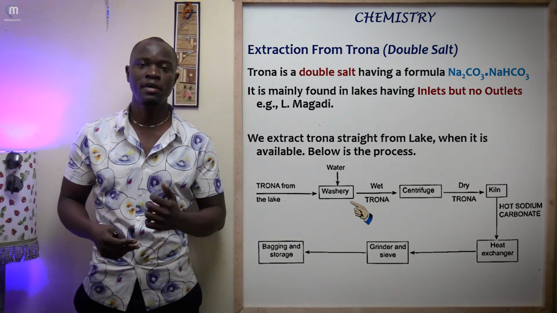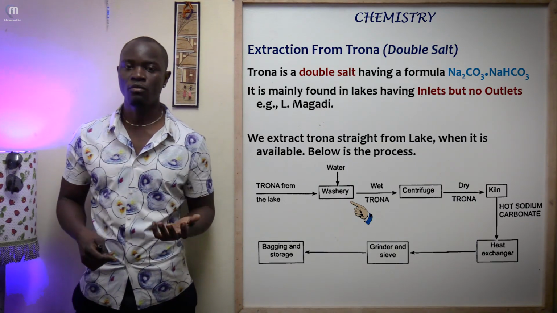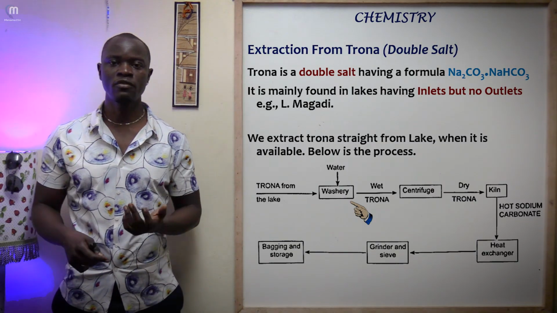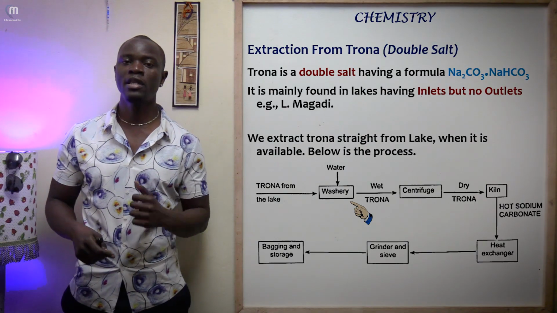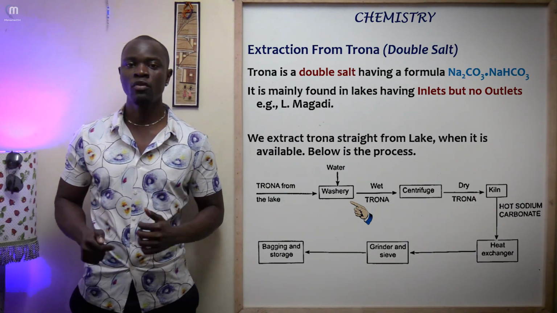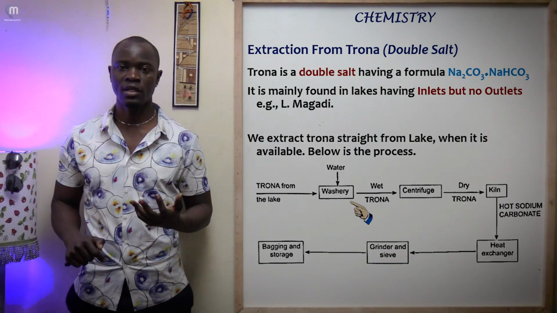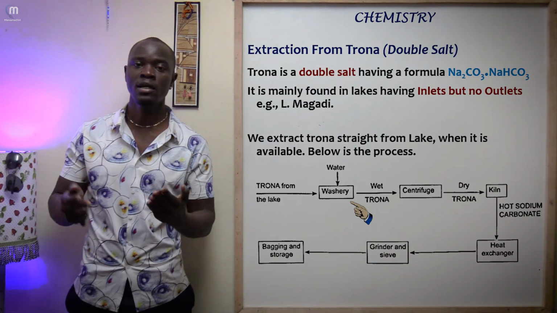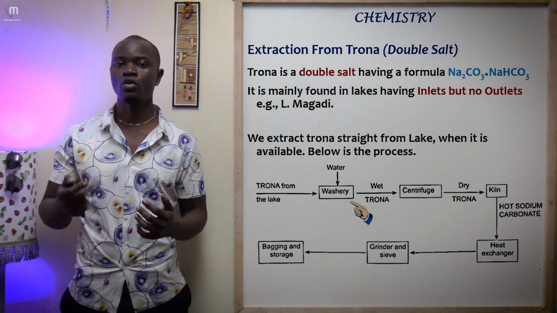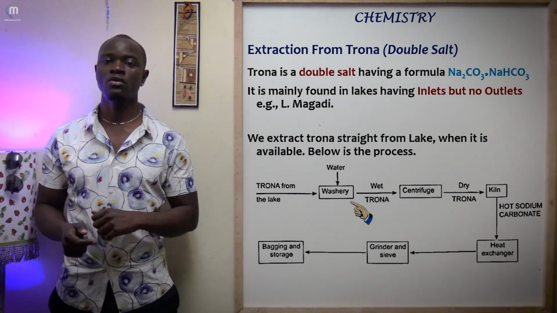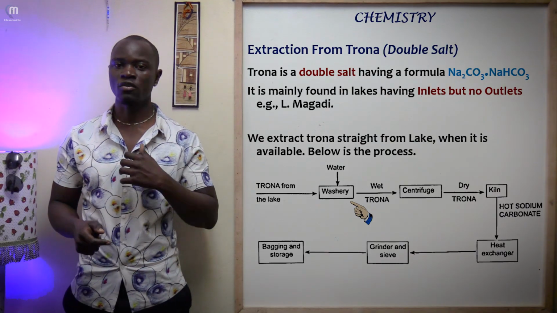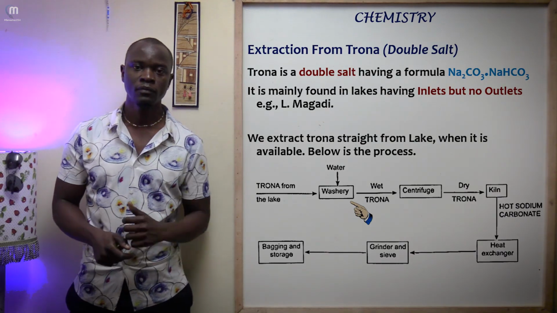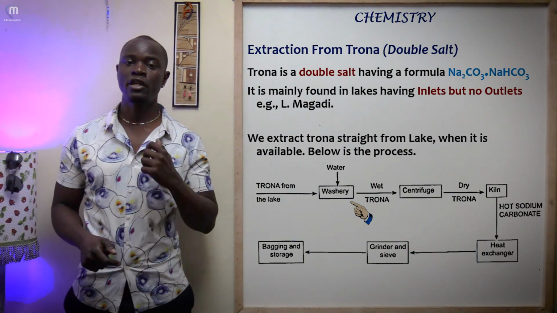Washing means some mud is removed, some small rocks are removed, some plastics are removed, and all the impurities from Trona are removed in this washery by using water. Some water is passed through the Trona in order to remove all traces of impurities and mud. After this chamber of washery, the Trona is clean.